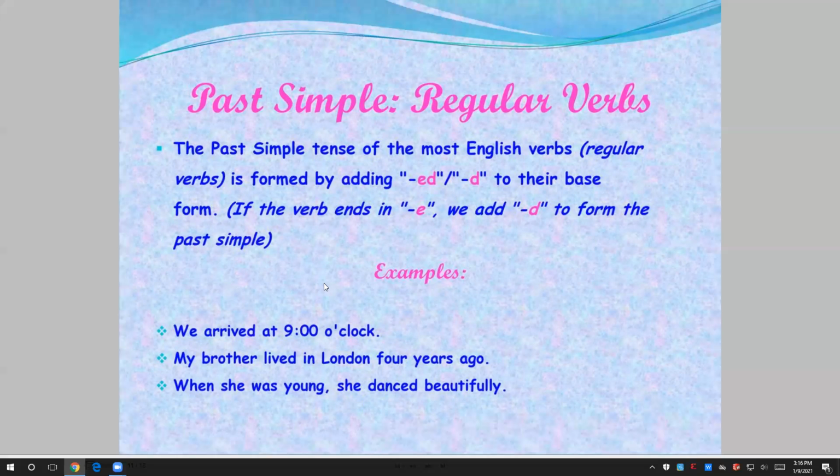Now as I've told you, you can use to be verbs for past simple tense, and you'll be using was and were as to be verbs. We use was and were in past simple when we don't have an action word. Instead, we have a noun or an adjective.